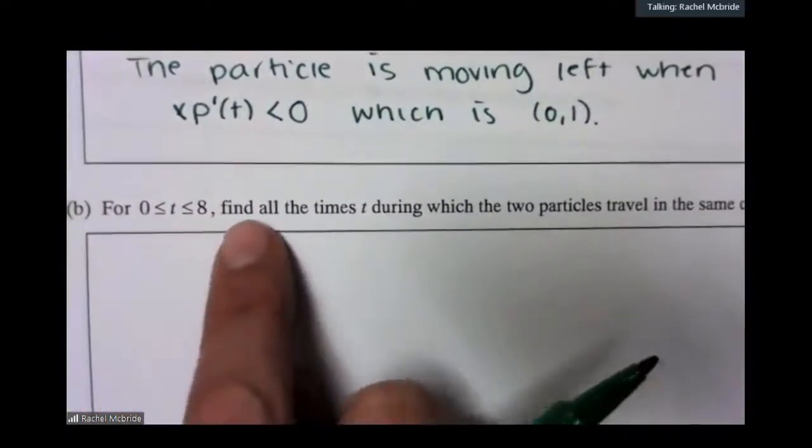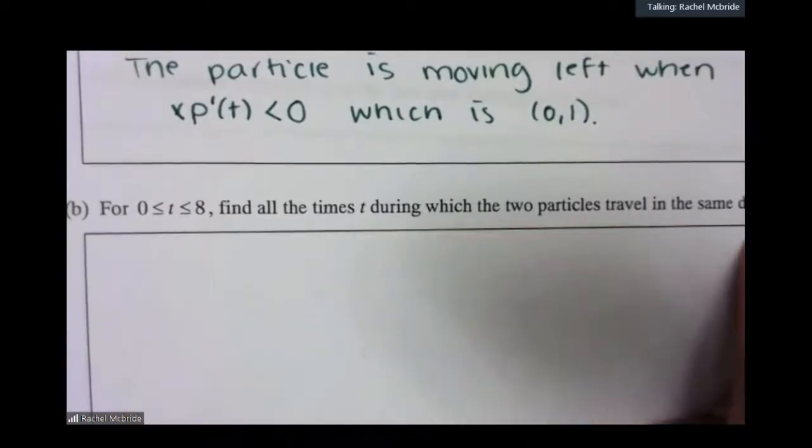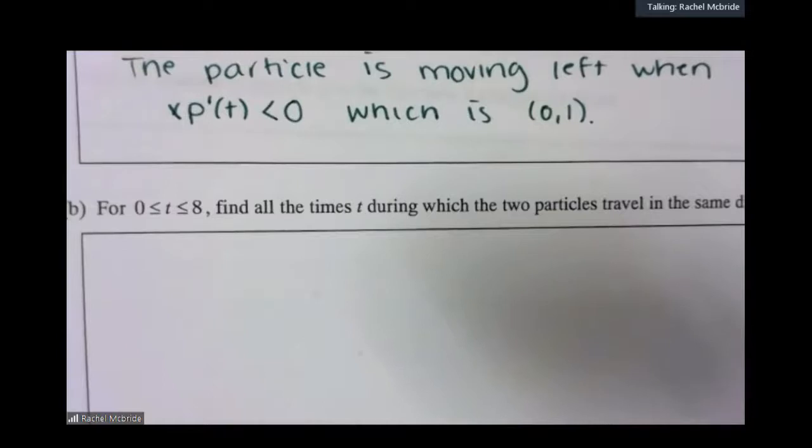Okay, from 0 to 8, find all times t during which the two particles travel in the same direction. So we already know the direction of travel for P. We just found that.